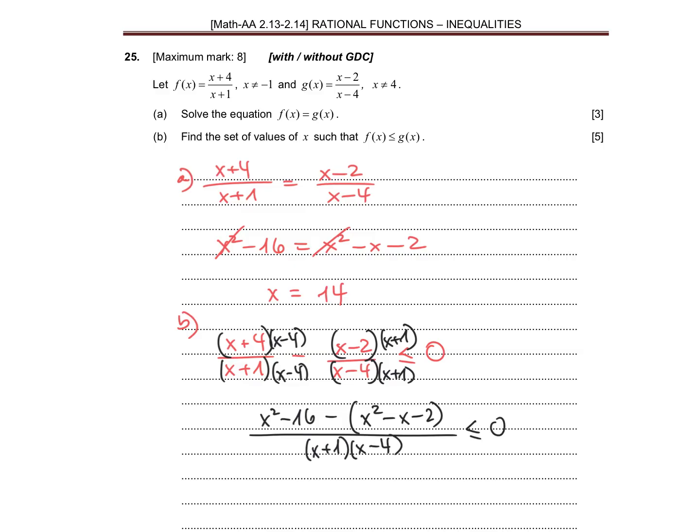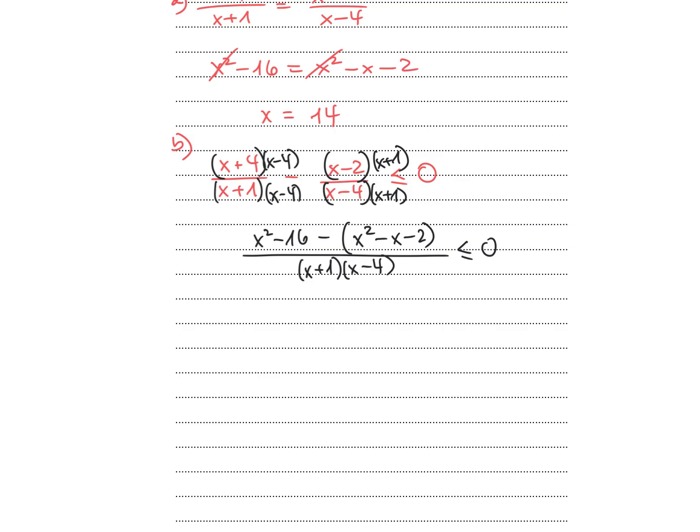Want that less than or equal to 0. So here we're going to have x squared minus x squared, negative 16 plus 2, so negative 14, and then plus x. Same denominator. Now we're going to have zeros at 14, can be, and at 4 it can't, and at -1 it can't.